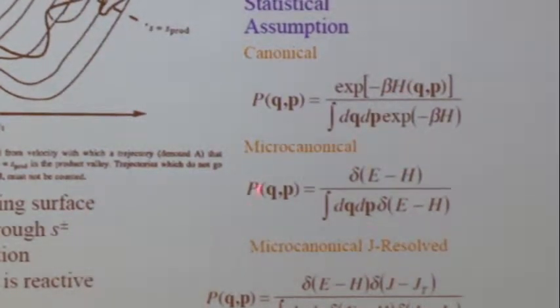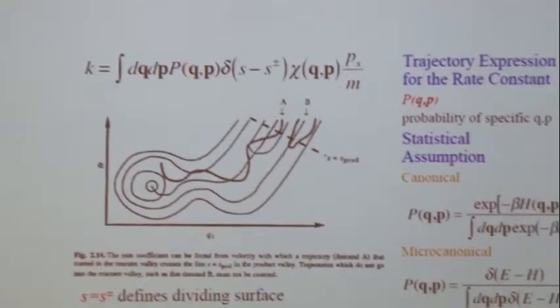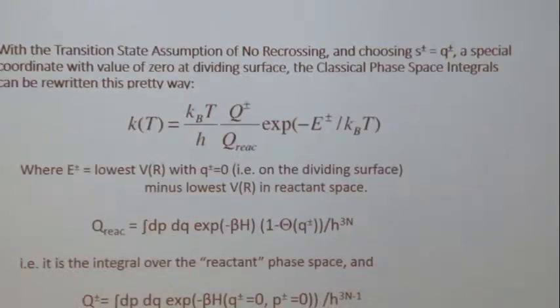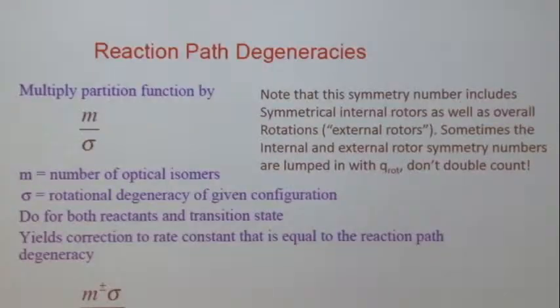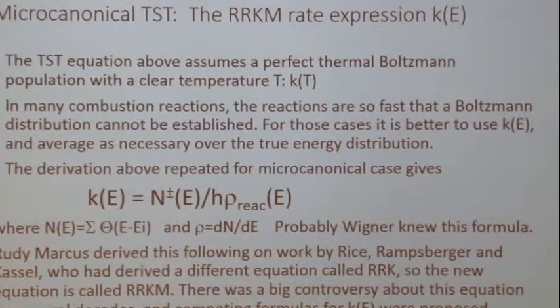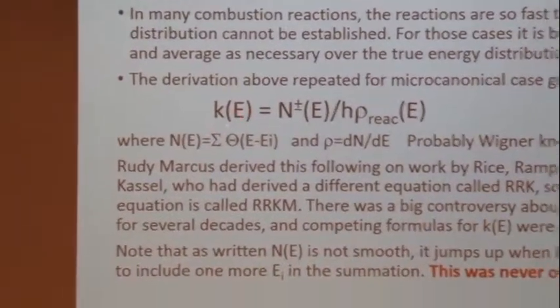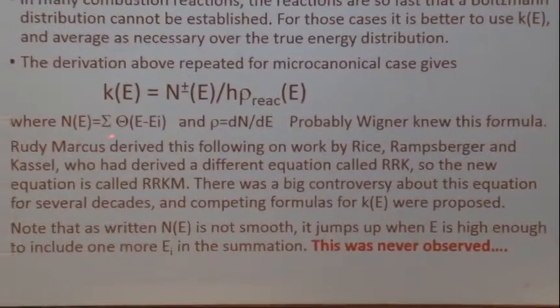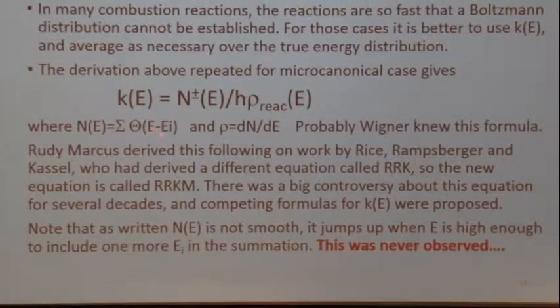Okay. So if you just plug this in, now you have the same formula, just a different expression for the probability of the trajectories. Only take the trajectories that have the right energy to correspond to E. All right. So if you do that and just analytically solve the integrals, you end up with this, where N of E is a sum of Heaviside functions of all the energies of the system.